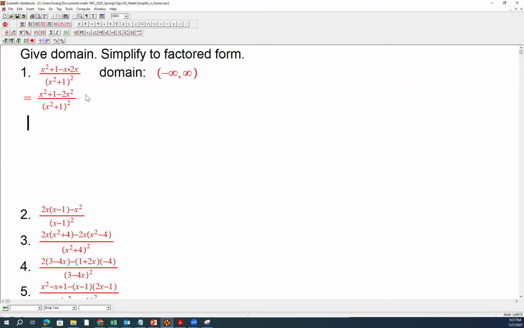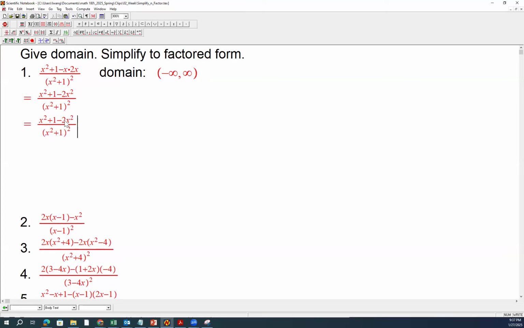And then what we've got here is x squared minus 2x squared, right? And that's going to be 1 minus x squared.